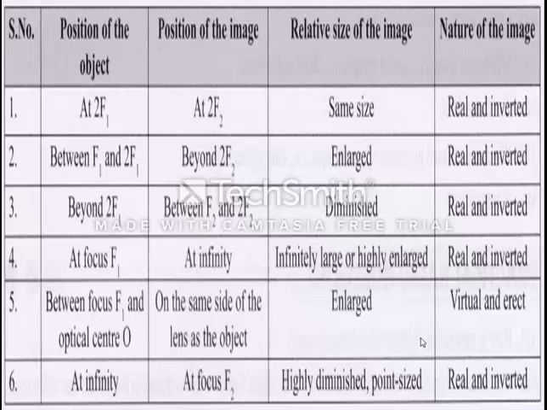So this is the ray diagram of our convex lens, which is also known as converging lens. Whenever in the case of refraction light moves from one medium to another medium, it bends. Whenever light moves from rarer medium to denser medium, it moves towards the normal, and whenever light moves from denser medium to rarer medium, it moves away from the normal.